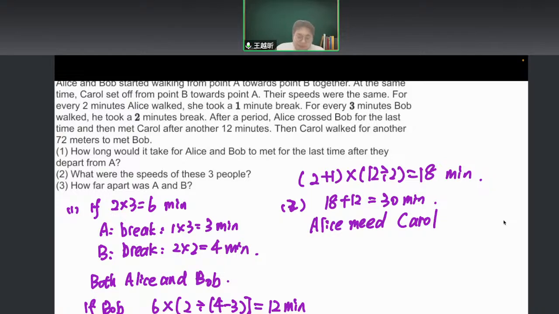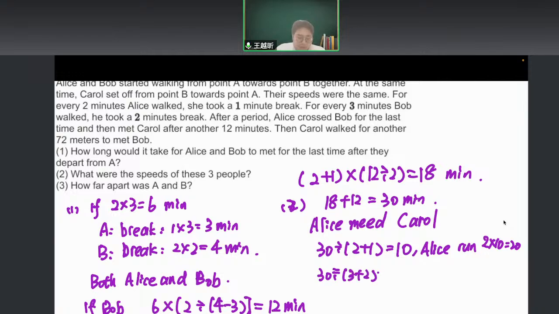So 30 divided by 2 plus 1 equals to 10. And we know Alice will run 2 times 10 equals to 20 minutes. So how long will Bob run? So 30 divided by 3 plus 2 equals to 6. Which means Bob will run 3 times 6 equals to 18 minutes.